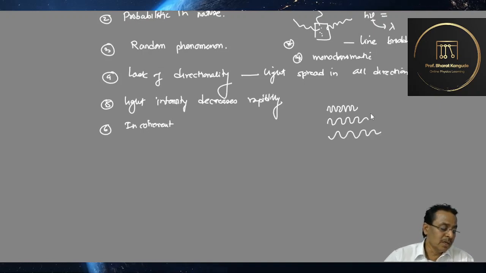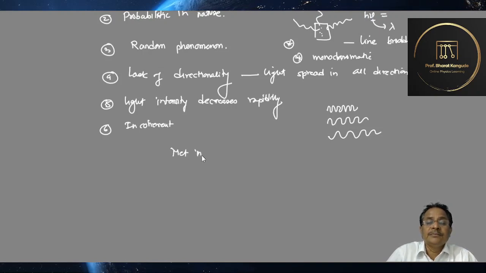Therefore, the net intensity due to superposition of all such incoherent waves is proportional to the number of radiating atoms.